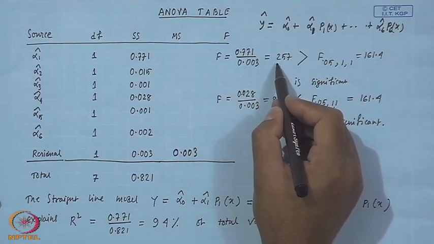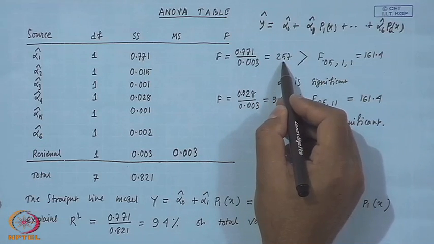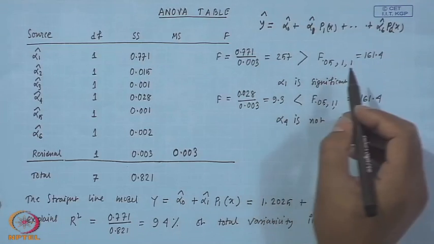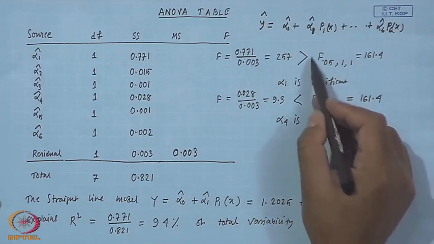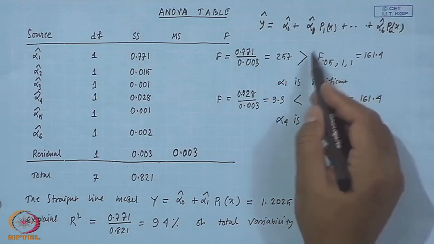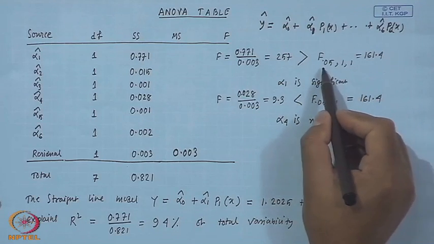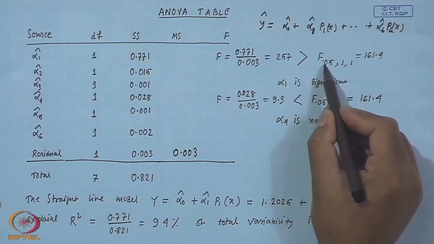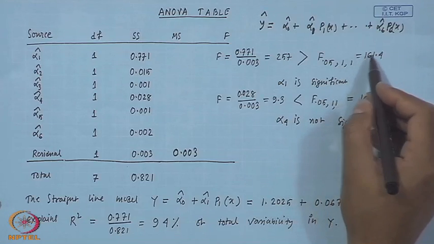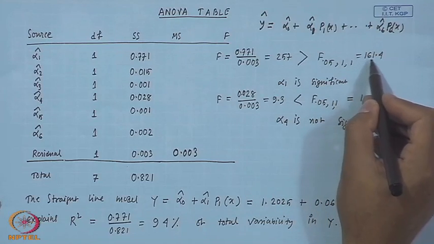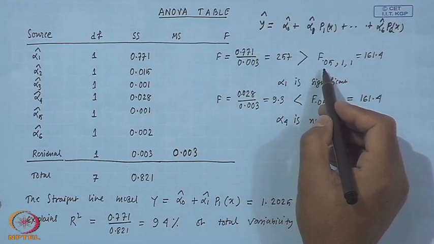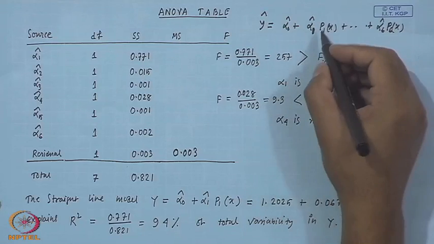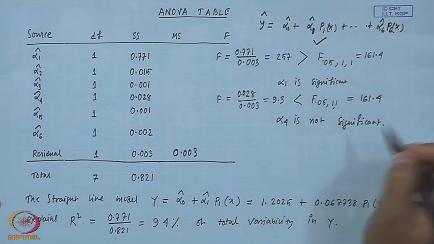This value is 257, the observed value for alpha 1, and the tabulated value is the value you will get from the F table, with degree of freedom 1. F 0.05 1,1 you can see from the table is 161.4, so the observed value is greater than the tabulated value. So, alpha 1 is significant, and alpha 1 p 1 x should be there in the model.